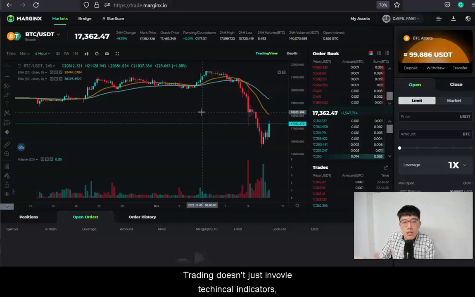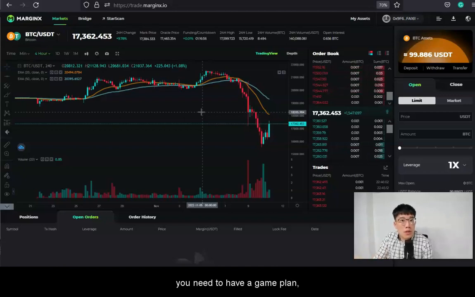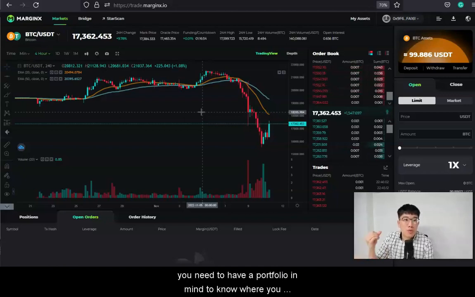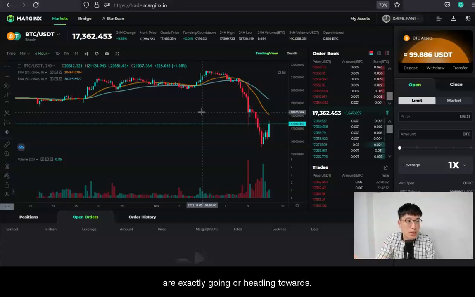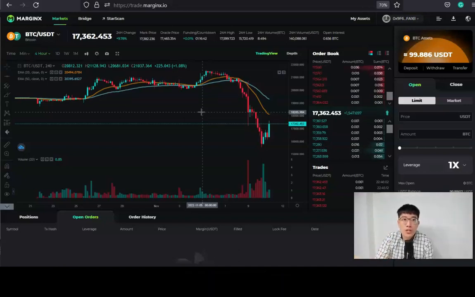Now, trading doesn't involve only technical indicators. It has a lot more to do with risk management. You need to manage your risk, you need to have a game plan, you need to have a portfolio in mind, to know where exactly you are heading. That's so important, and all of this content will be covered on Hodl Mode, which is what we're creating and talking about here.